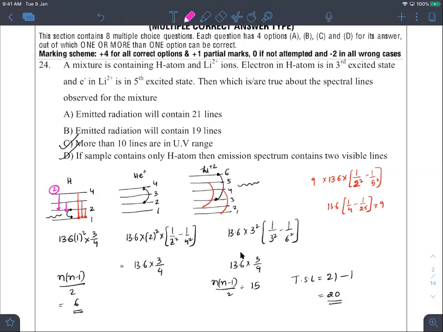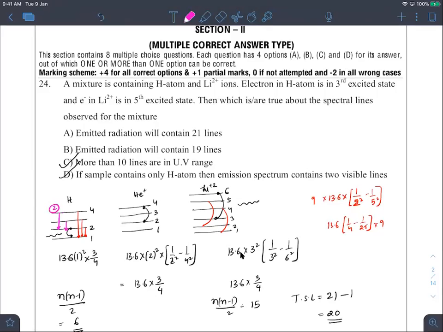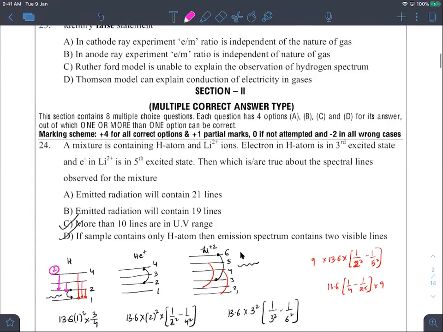Ishan, is this clear? Yes, sir. Arnav? Yes, sir. Okay.